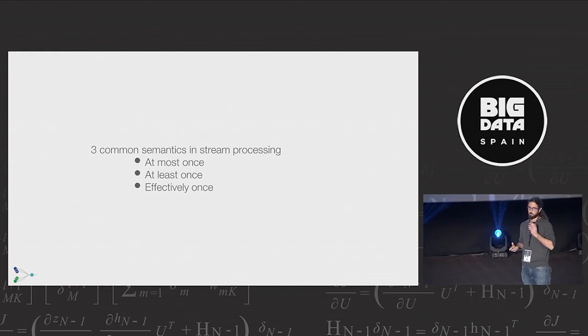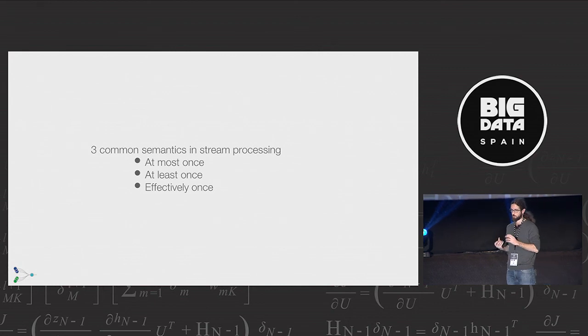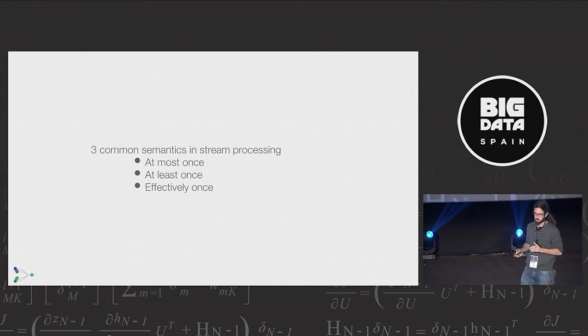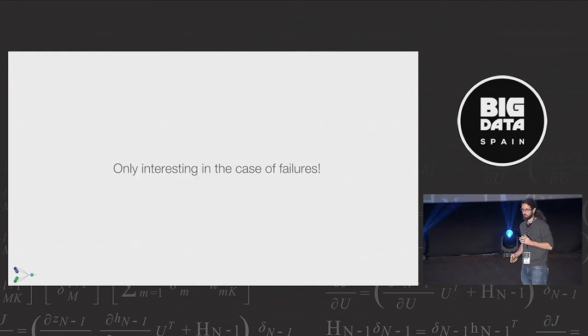So what these describe is how many times a message will be processed in a stream processing system, which only makes sense in failure cases.